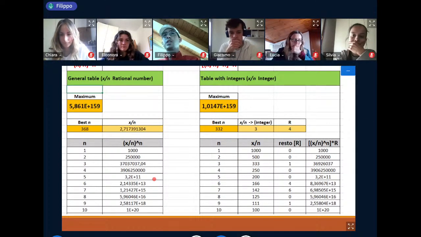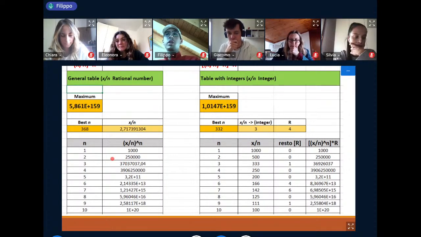To be precise, we should say that the product is defined by the function n divided by x, raised to x. X and n continue to be natural numbers, and the truth is that as x tends to infinity, the ratio tends to e.